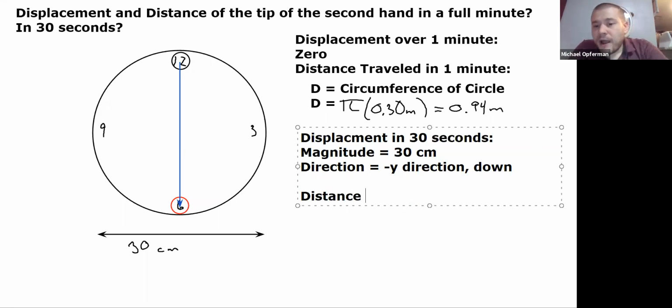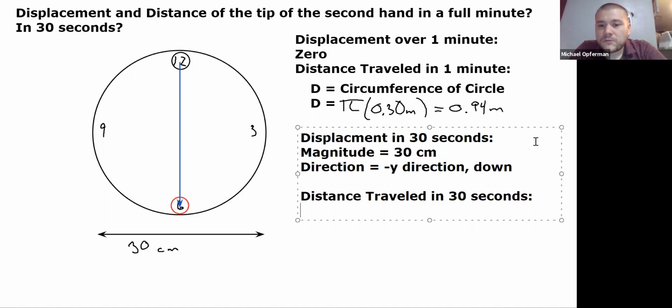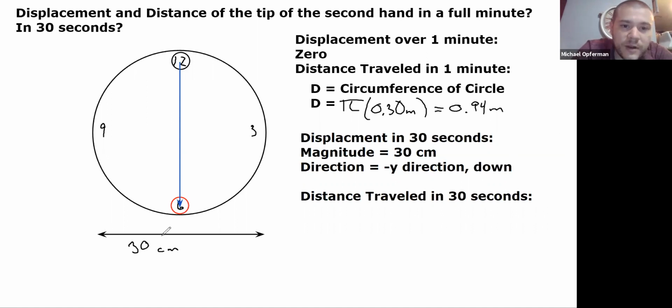What about distance traveled in 30 seconds? In this case, we want to consider the full path, just like we did before. So we're considering not the length of that line, but going from there to there around the perimeter of the circle.